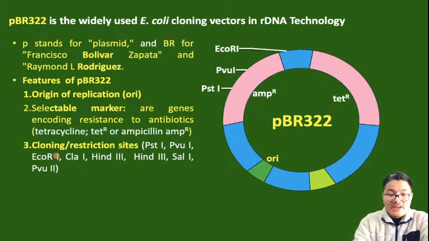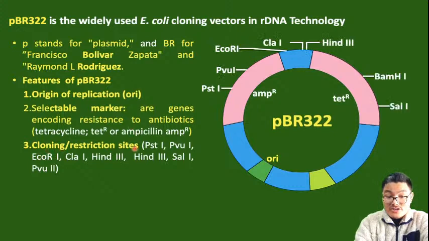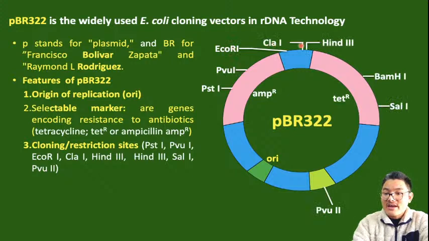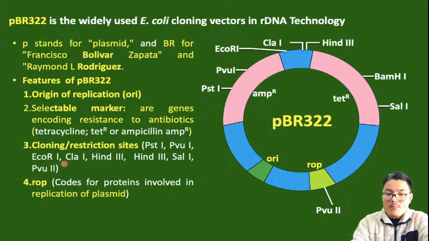And we also have restriction sites or cloning sites. We have so many restriction sites here: PstI, PvuI, EcoRI, ClaI, HindIII, BamHI, SalI, and PvuII. All these are restriction sites or cloning sites. And we also have ROP.